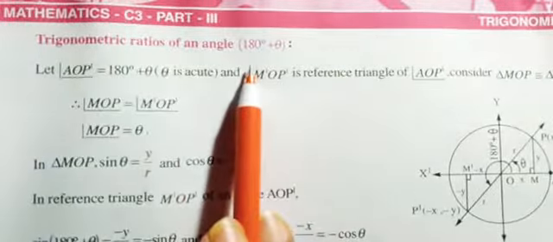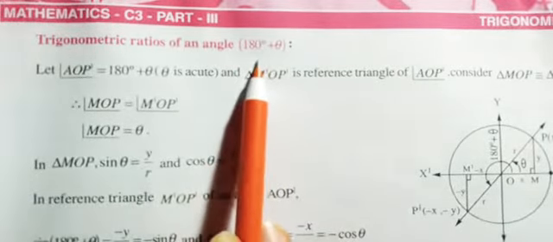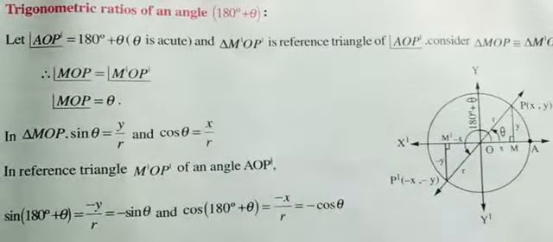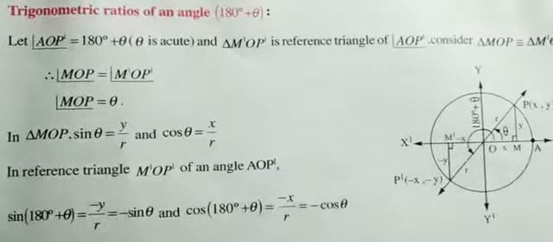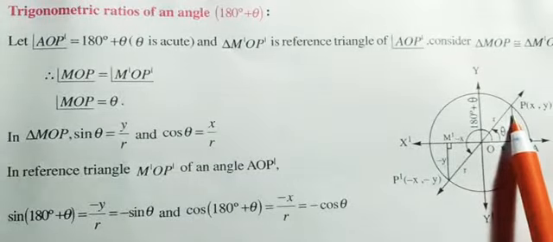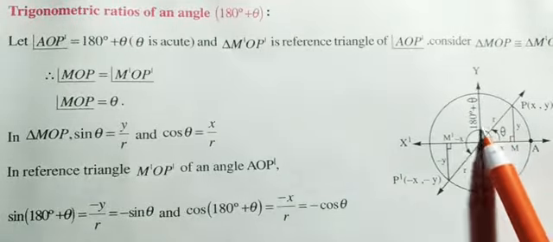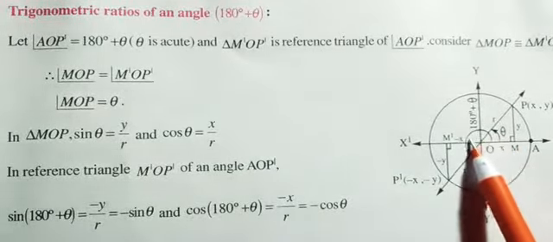Next, trigonometric ratio of angle 180 plus theta. So 90 plus theta we have discussed, 180 minus theta discussed. Next 180 plus theta. Now here again the figure matters. This is OM, this is the triangle, this is OP, and this is the theta, and this is 180 plus theta. If this is theta and this is 180, this is 180 plus theta.